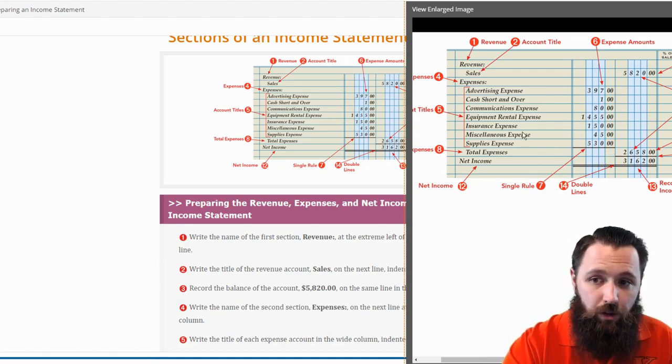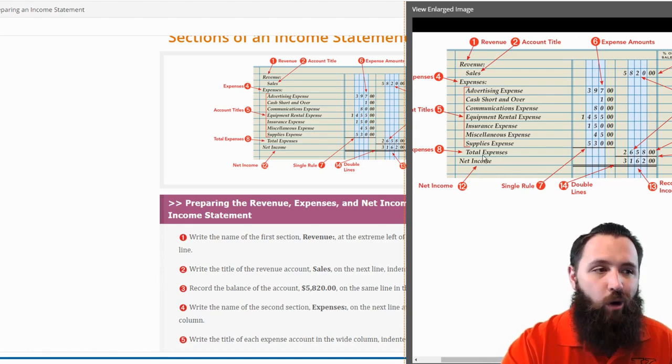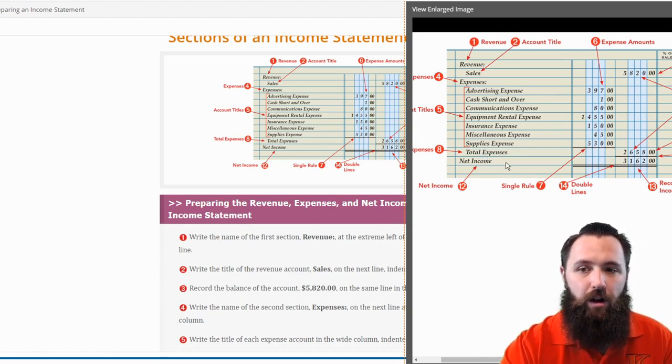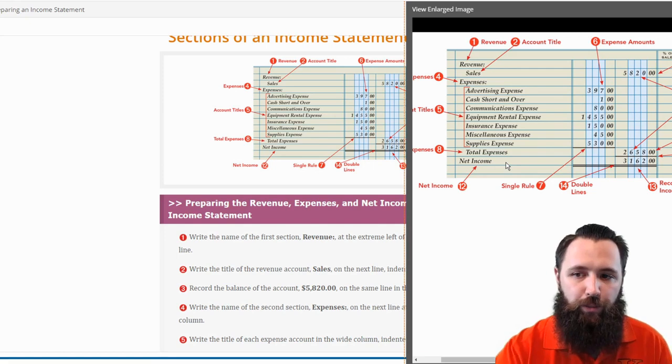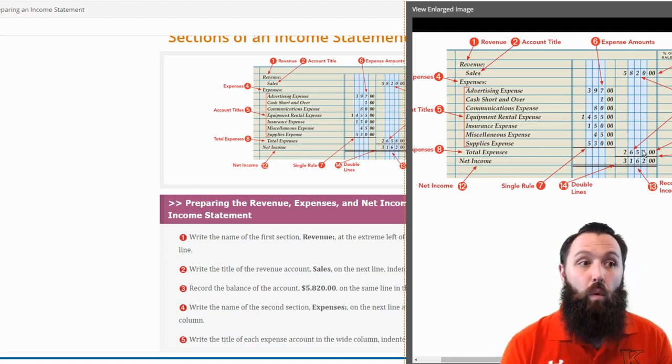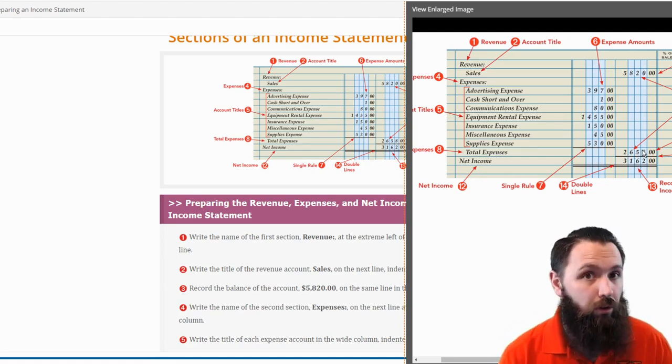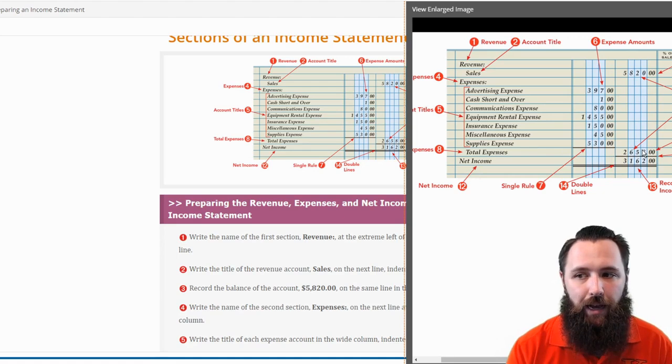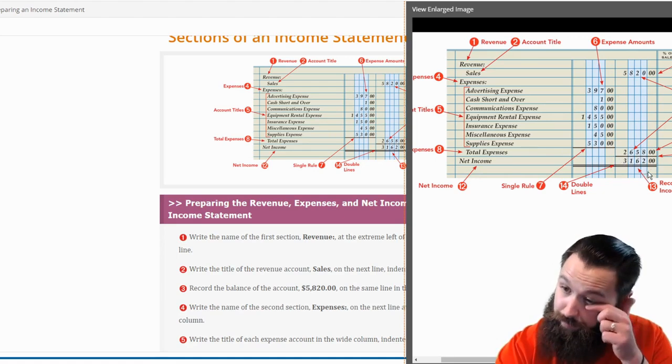So once we list all the expenses, we're going to write total expenses. And when we write total expenses, we record this in the second column. Why? Because it's a total. That's why it goes in the right-hand side column. So we add up all of our expenses, we get $2,658.